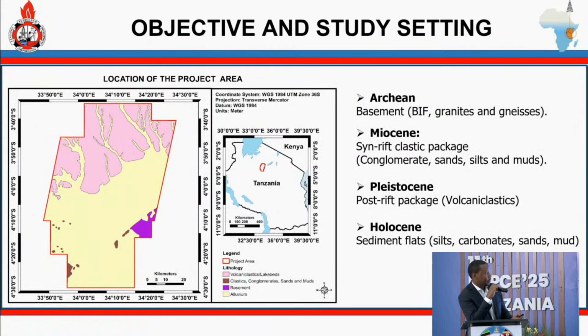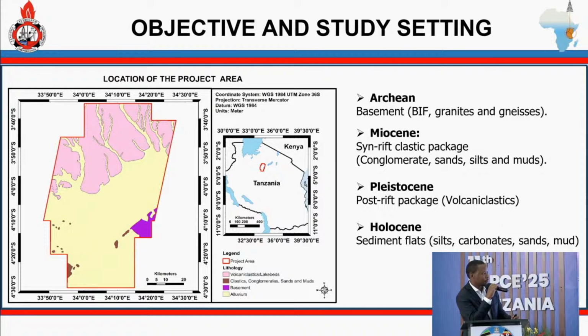This is the area, as I have said. The area is within the rift, and simply we have the Archaean Basin, which you can get basement granites and the gneisses. But on top of that, as we know, in most of our East African basin, we have the Miocene, syn-rift, where you can get conglomerate, sand, silts and stuff.